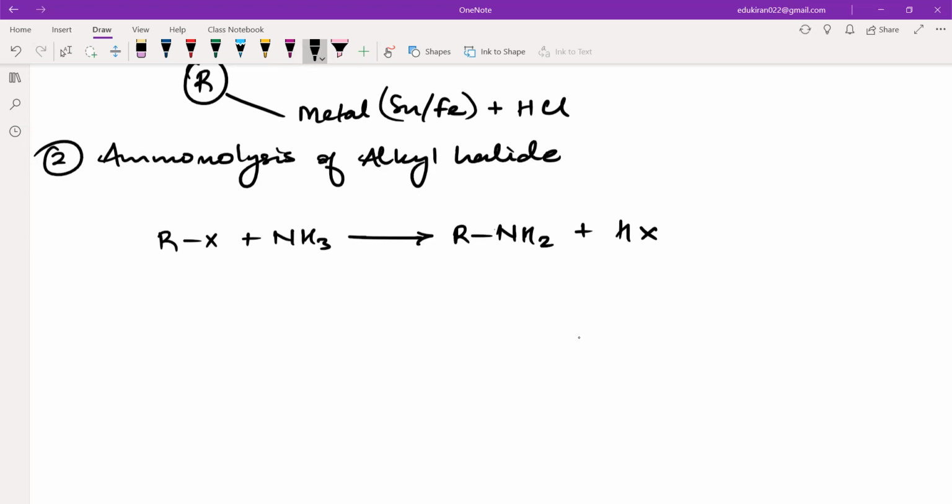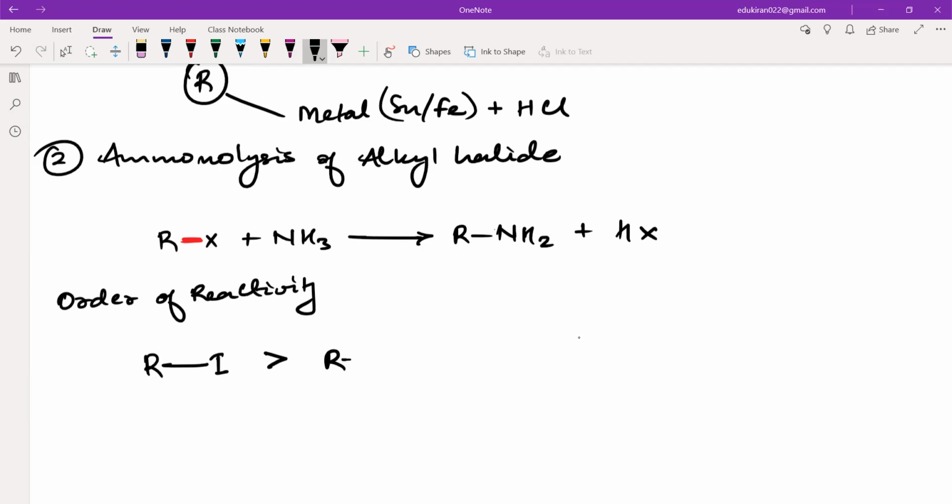So you have prepared amine here. Okay. Now in this, what you will have is the order of reactivity. Questions can be asked on order of reactivity, and we can see that this bond is getting broken. So if the bond is weak, then the reactivity will be high. How can the bond be weak? If you have a long bond, so RI will be long, right? So this is the most reactive, weak bond.